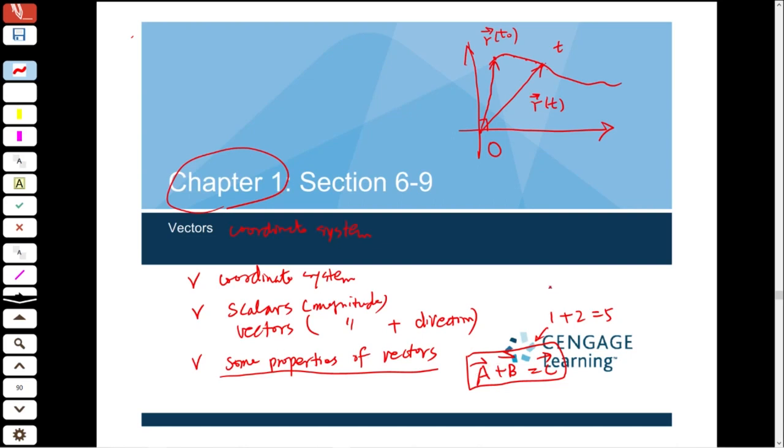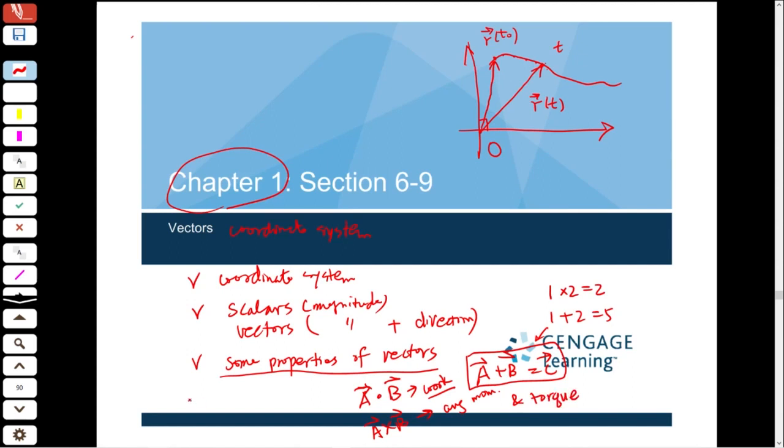For example, you can have 1 times 2 is 2, and you can also take the product of two vectors. One is called the dot product, which will appear when we discuss the concept of work, and the other product is called the cross product, which will appear when we discuss angular momentum and torque.